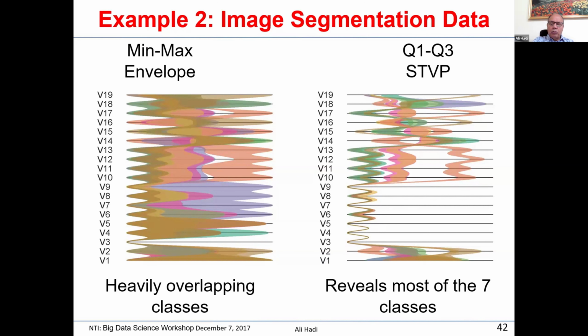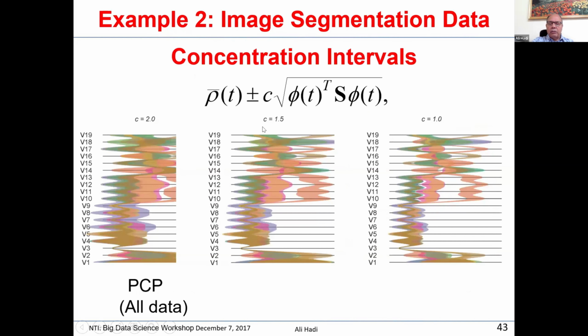So this is Q1, Q3, but if you go to a smaller value for the concentration intervals, excuse me, for c equal to 2.0, this is the result. For c of 1.5, for c equal to 1, as you decrease c, you can see the separation becomes clearer and clearer in the PCP plot.